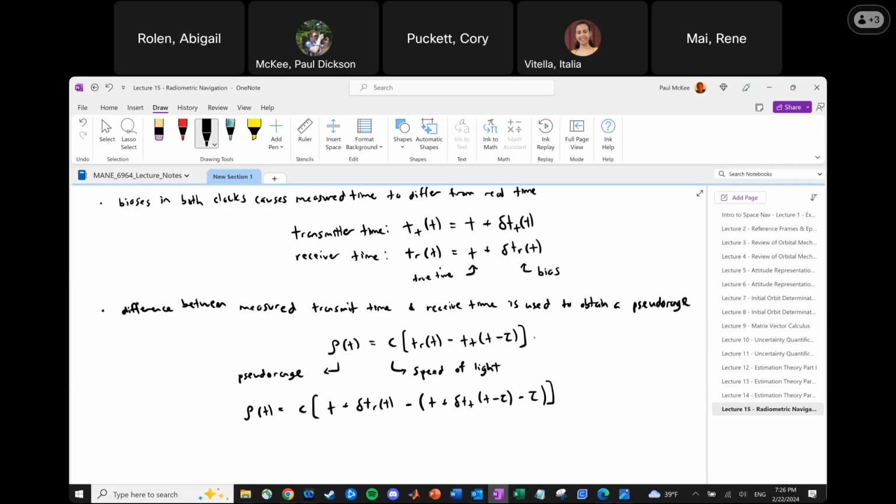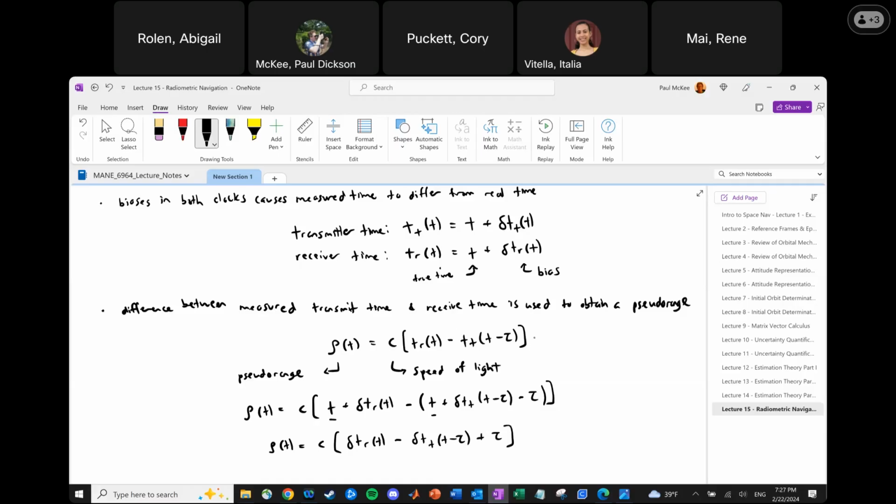That's the whole thing. Now we can start to simplify. Time is going to cancel out with time. So our pseudo range is rho equals c times delta tr of t minus delta tt of t minus tau, and then if we distribute, this is now plus tau.